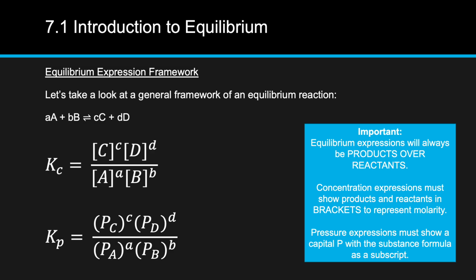So when we are doing Kc, which is for concentration, remember that you're putting those values in brackets. Brackets are going to indicate that it is molar concentration. And then with our Kp, we're going to use the pressure of whatever we are finding. So for example, if you have C as your product, it will be the pressure of C raised to the coefficient in front of C from the balanced chemical equation.